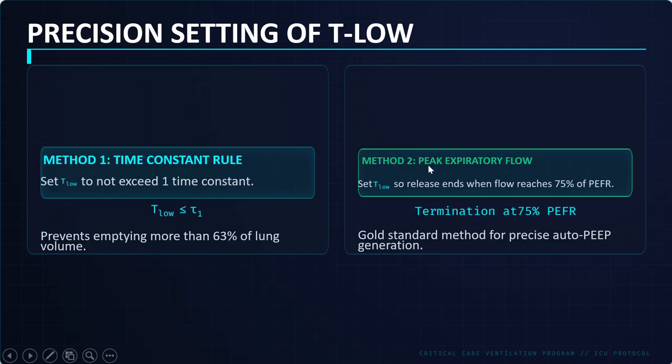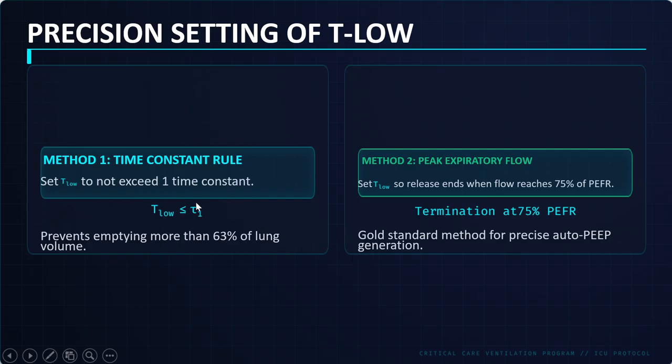And method 2, peak expiratory flow. Set T low so that the release ends when the flow reaches 75% of the peak expiratory flow rate. Termination at 70% of peak expiratory flow. This is the gold standard method to precisely control the auto-PEEP generation.